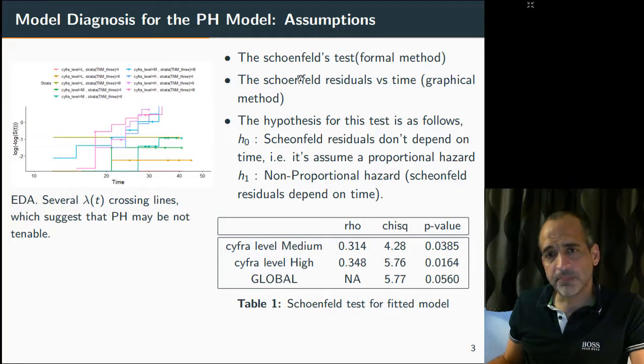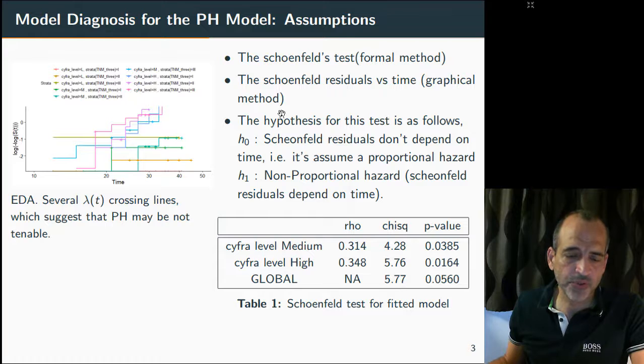So it may be that proportional hazard is maybe not possible to sustain. But we have a formal test, the Schoenfeld test with the residuals, and also we can see the plot of the Schoenfeld residuals. For the global Schoenfeld test, we have to accept the null hypothesis. The null hypothesis here is that we are assuming proportional hazard.